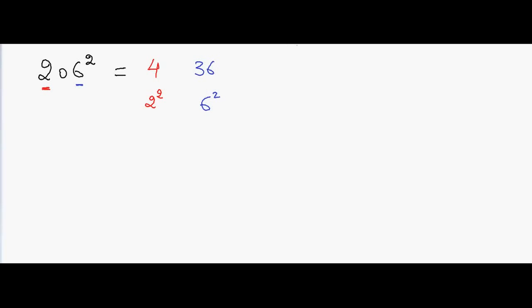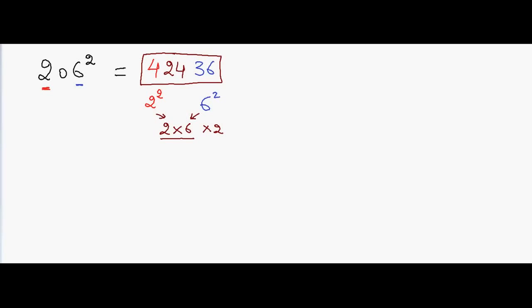And now to get the middle numbers, what I'll do is I'll multiply 2 and 6, and then I'll multiply again with 2, and that will be 6 into 4, 24. So that will be the answer.